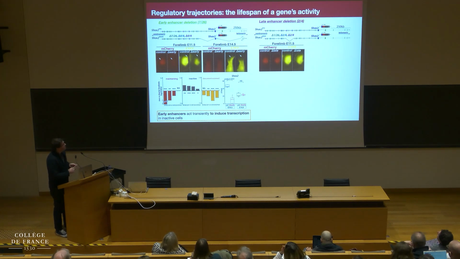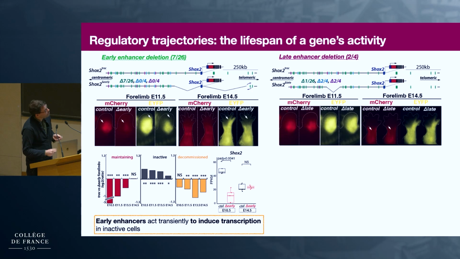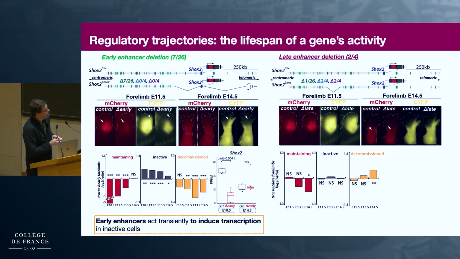Then, in the late enhancer deletion, we saw no effect at 11.5, and we saw a very specific effect at 14.5 in the center of the limb. You will see it better if we quantify it. We see the reverse image here: no effect at the early stage, and a decrease in the proportion of maintaining cells at 14.5, so at quite late stage, in fact.